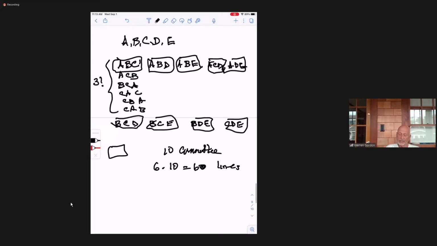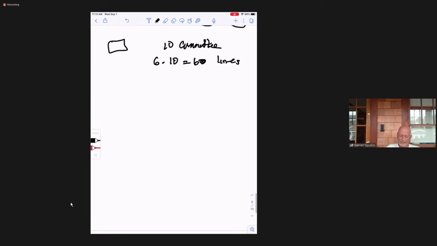So let's introduce some notation. We'll come back to this problem. Given n items, and we choose r of them, which is smaller than n.